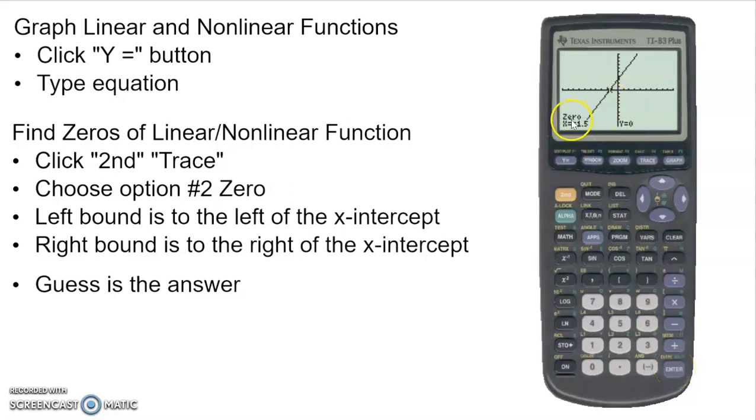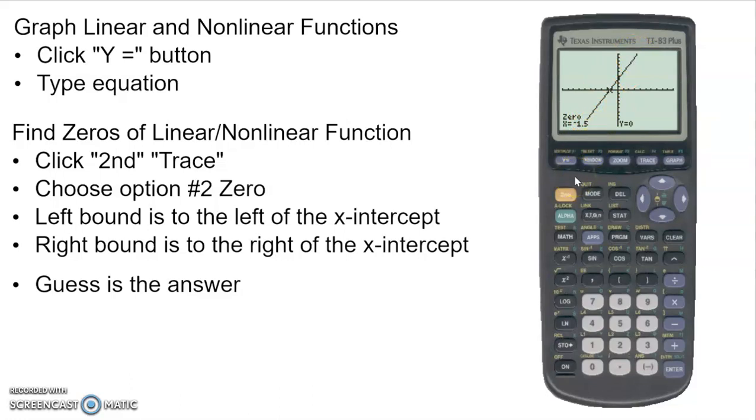When I do that, it says I have a zero when x is negative 1.5. So our x-intercept in this example would be negative 1.5. Now there is no maximum or minimum here because it doesn't change directions. This is just one consistent slope going up from left to right.